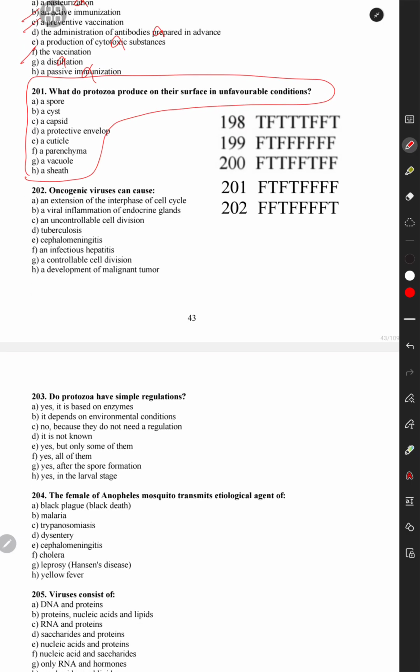Oncogenic viruses can cause an extension of the interface of cells? No. Viral inflammation of endocrine, uncontrollable cell division, tuberculosis, meningitis, infectious hepatitis, controllable development of a malignant tumor.